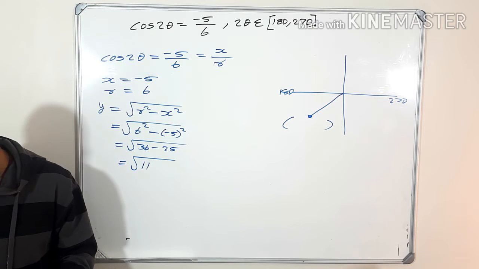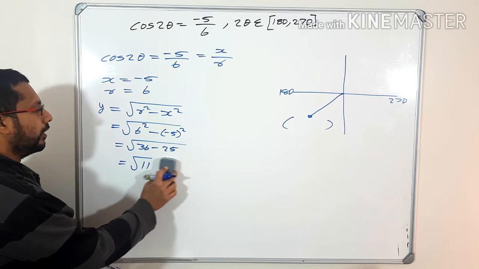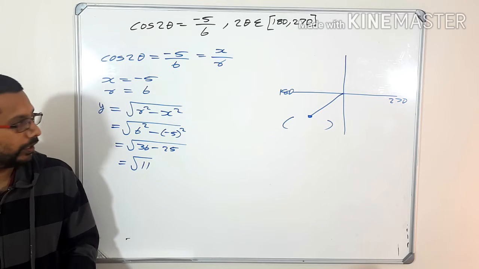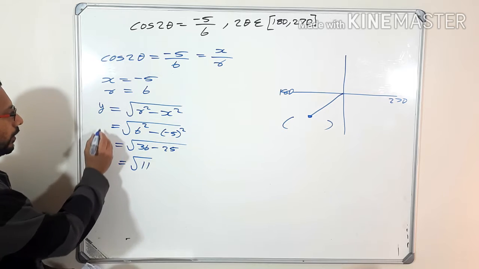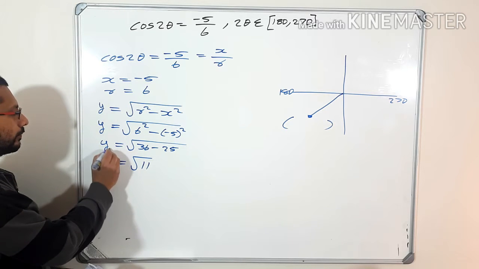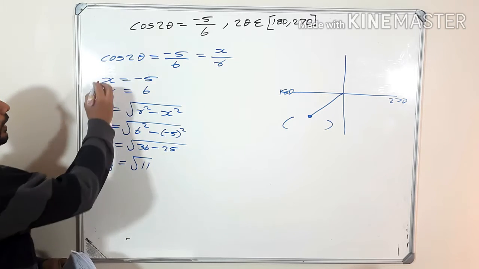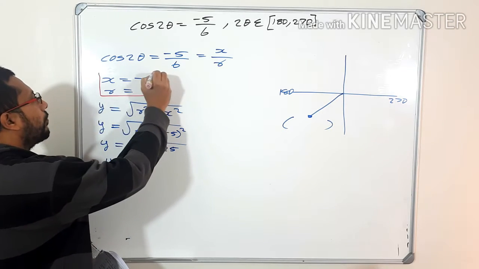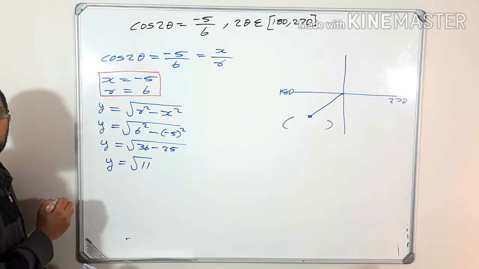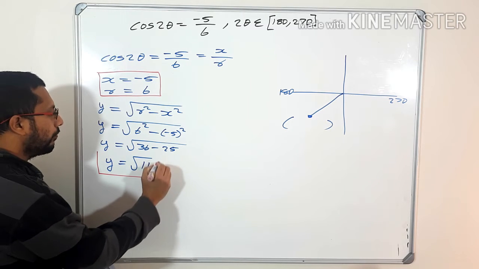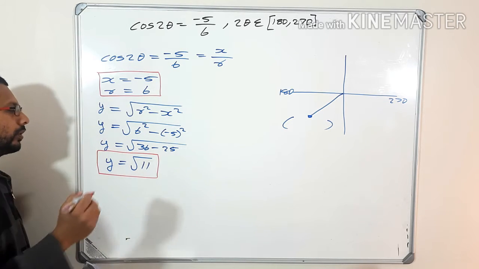So the answer is root 11. But you have to listen very carefully to one thing. Our value of x is minus 5, the value of r is 6, and we got the value of y as root 11.